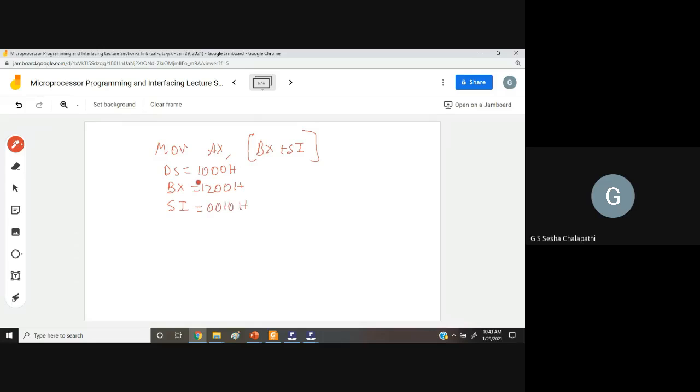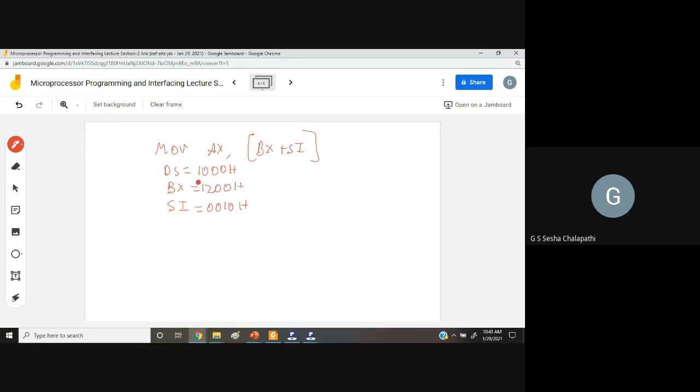Now BX and SI, both combined, will form the offset for an address location, and that offset will combine with DS to form the physical address, and that will give the memory location from which the source data will be present.